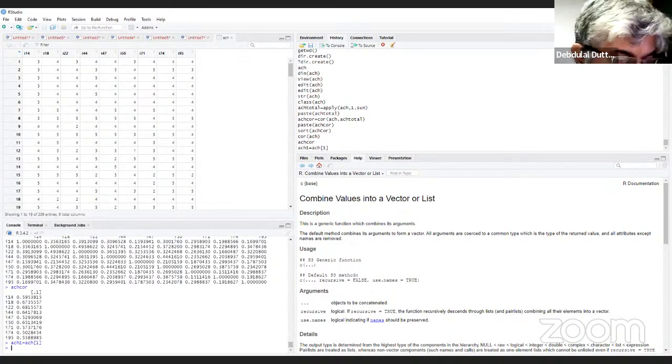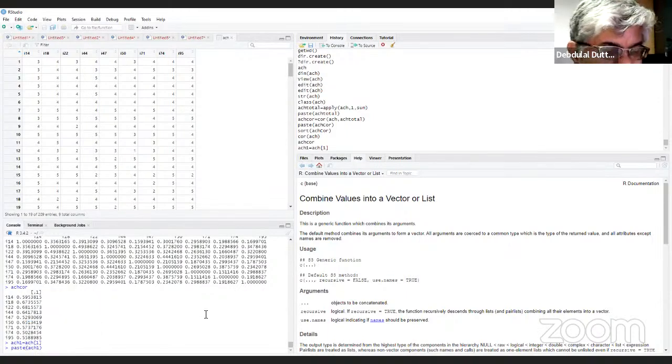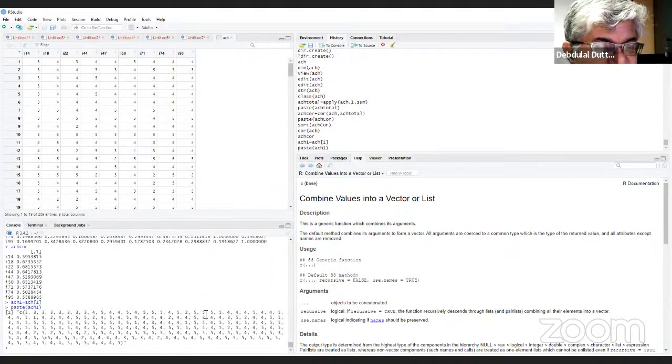So if I write down h1 only, there is the first column. When I write h1 equal to h with bracket 1, that means it will be the first column data. So if I paste h1, this is visible to all of you. So this is the first column.